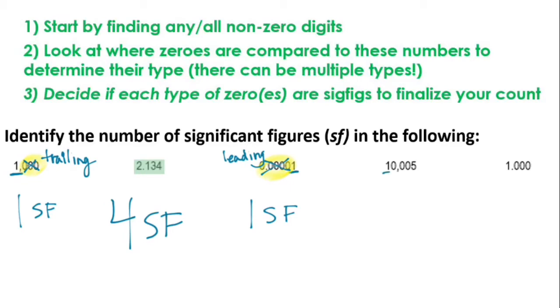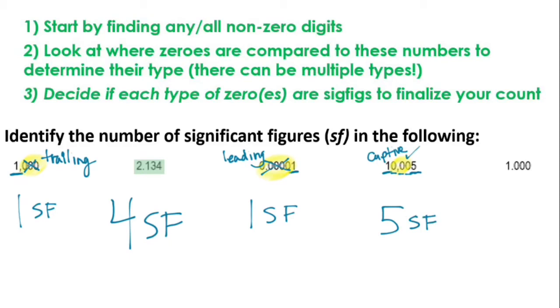Next, we've got 2 non-zero digits in that 10,005 number. And because we've got those 2 digits on either side of the number, that means that these zeros are captive zeros or sandwiched zeros. And these are always, always, always significant. So in addition to the 1 and the 5, we've got these 3 zeros, which gives this number a total of 5 sig figs.